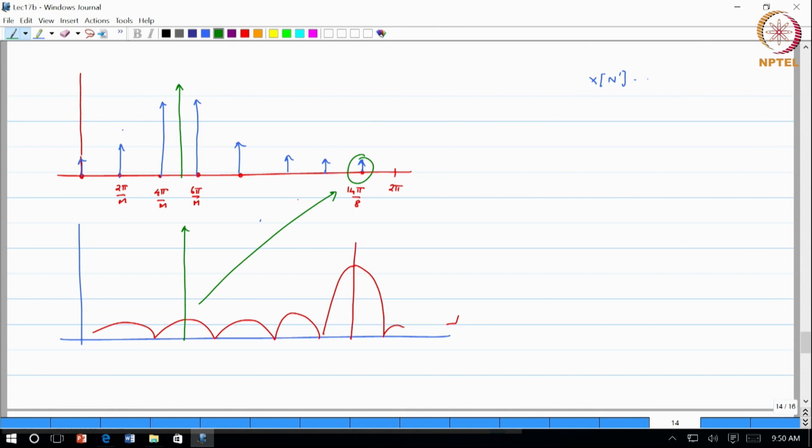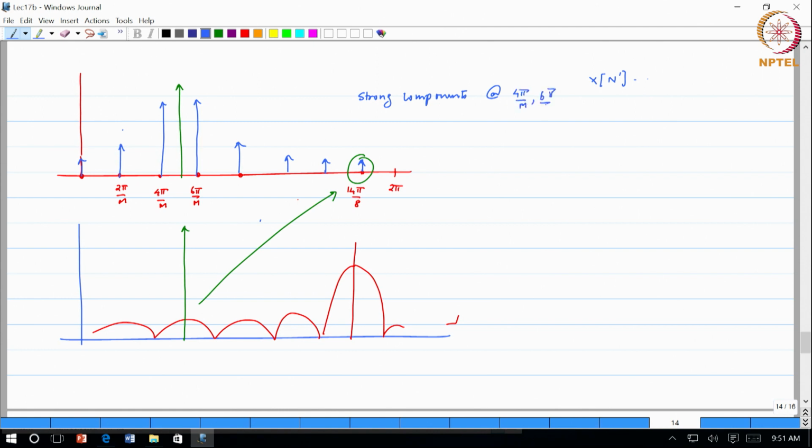So, one of the problems with the DFT is that if I have a tone in between two DFT frequencies, I will have non-zero components across all the terms, not just the ones nearby. And supposing somebody gave you these blue lines and told you to interpret this spectrum, you would say there are two strong components at 4 pi over m and 6 pi over m.